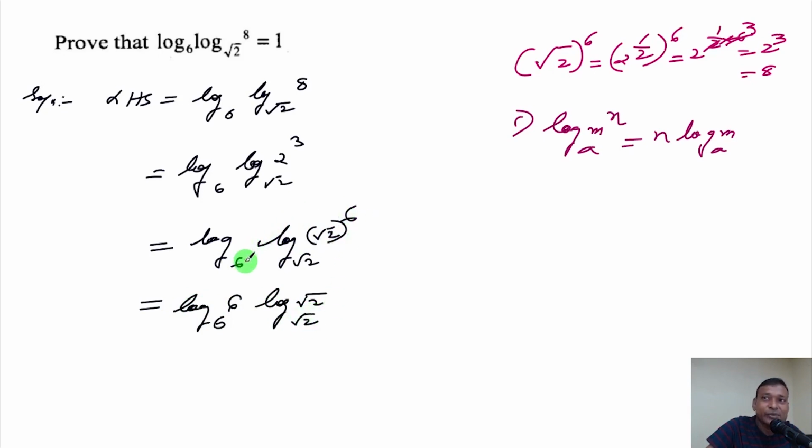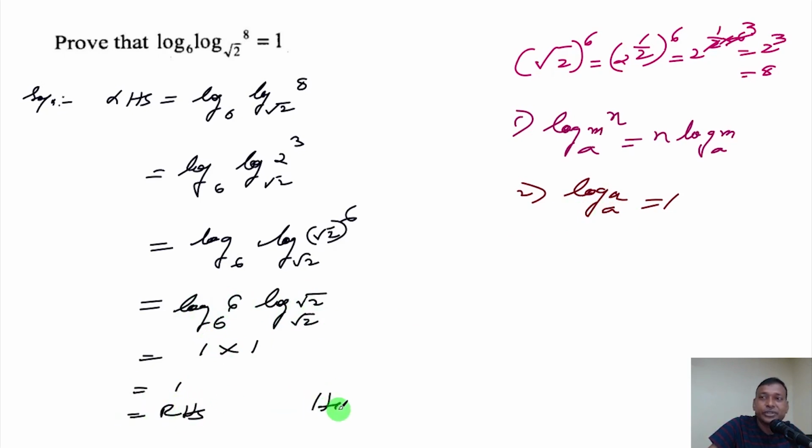As soon as this 6 is brought here, both became of the form log a to the base a, which is 1. So here you see this is of the form log a to the base a, as well as this one also of the form log a to the base a, and log a to the base a is always 1 and this side also 1. So 1 into 1 is 1 and this is right hand side, hence proved. Very simple.